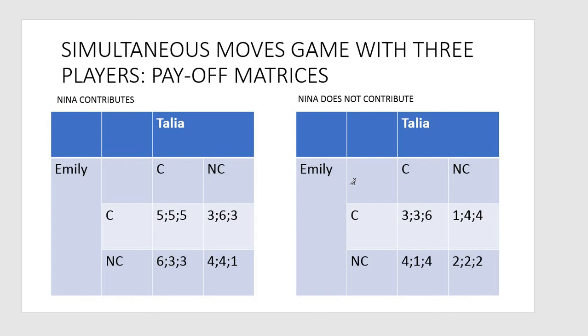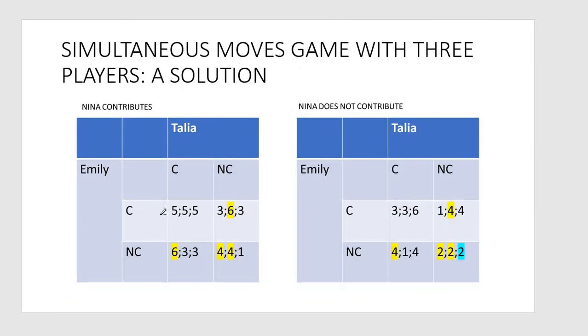And what you can do is to start solving this using best response analysis, this time only for Emily and Talia. Again, if you'd like to practice, put this video on hold, and here is the solution. If Emily decides to contribute, the optimal option for Talia is not to contribute.